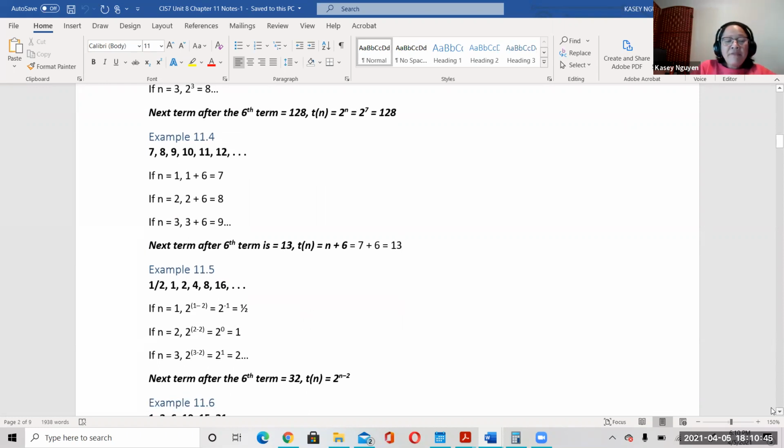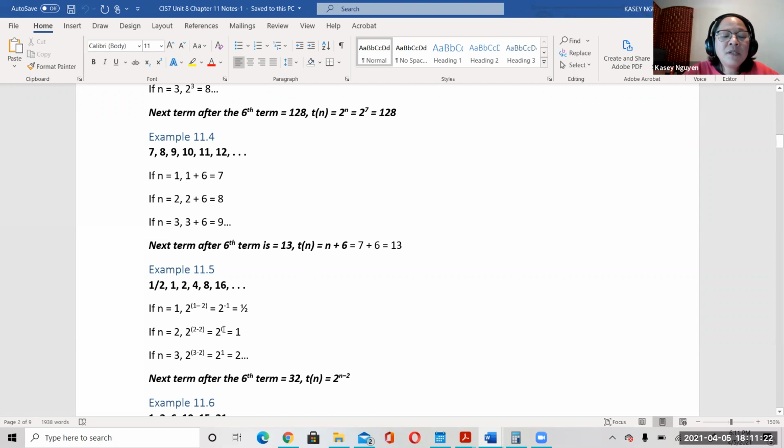So in example 11.5, we start with 1/2 for the first term, and then we go to 1 for the second term. So we would start with saying when n is equal to 1, we would have 2 to the power of 1 minus 2, which is 2 to the negative 1, which gives us 1/2. And then when n is equal to 2, we would have 2 to the power of 2 minus 2, which is 0.